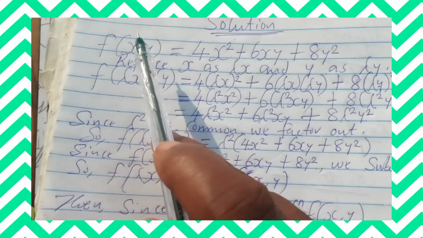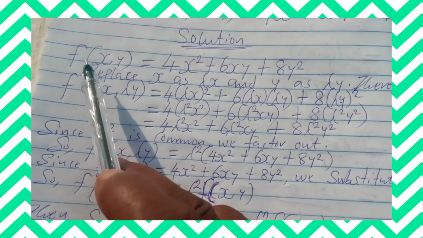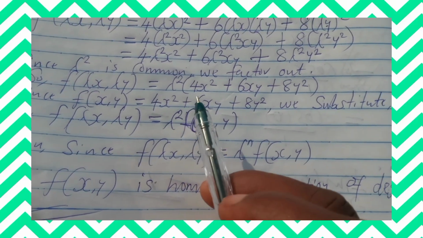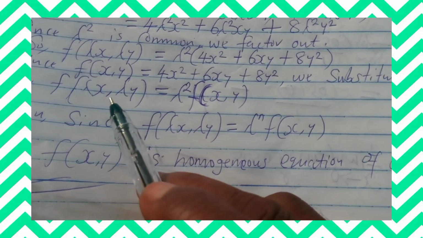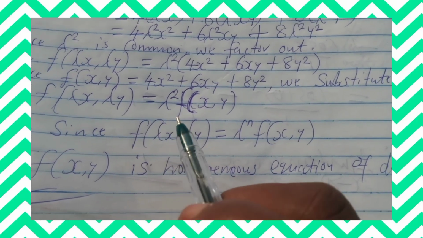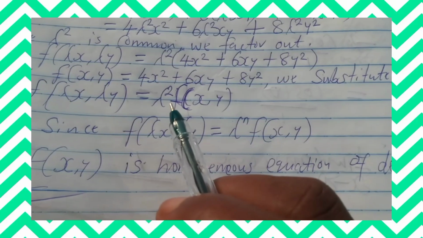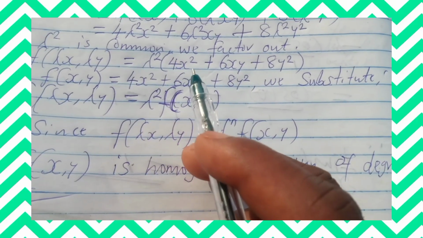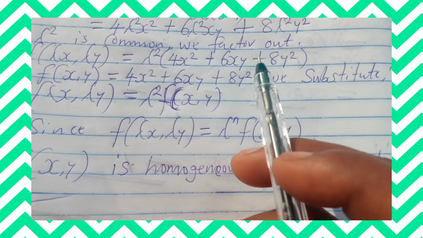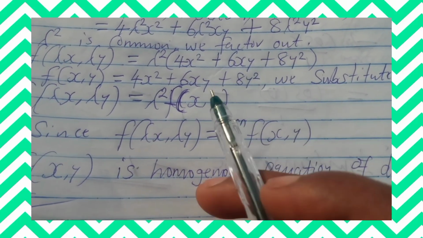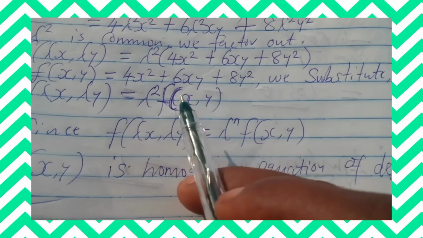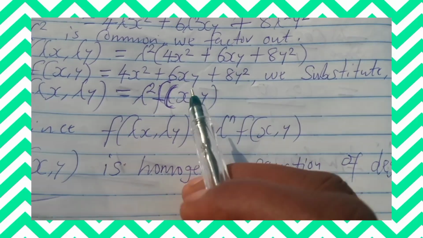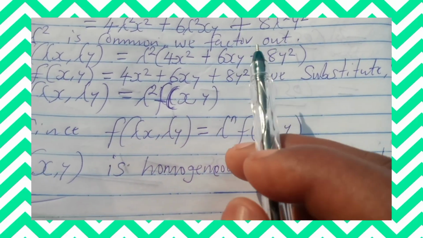So we replace this term here. That's why I have f(λx, λy) equals λ². Instead of having 4x² plus 6xy plus 8y², we put the function f(x, y), because this f(x, y) was equal to this particular function in this bracket. That's why I replaced it here.